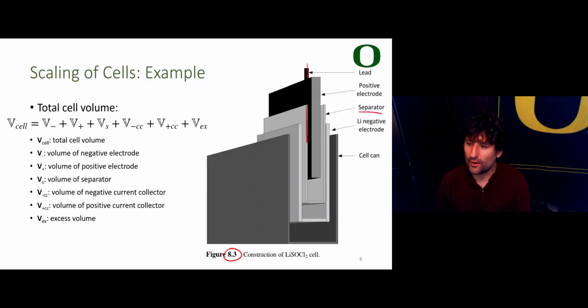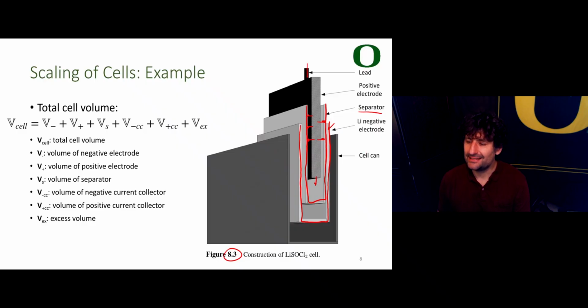That separator will wrap around the positive electrode so that ionic current can flow on 3 of the 4 sides of this central positive electrode, through the separator, which is of course wetted with electrolyte, to the lithium metal negative electrode. And that's going to be a lithium metal foil that wraps around the positive electrode as well.